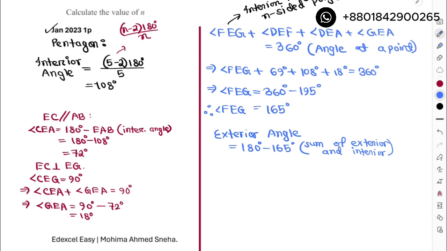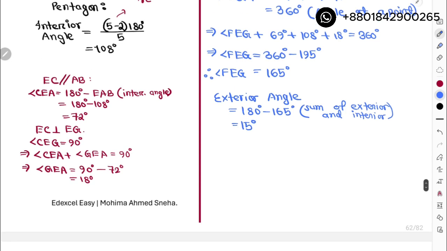Okay, so 180 minus 165, that is 15 degrees. Now the easiest formula that you can use to find out the value for n, the number of sides, is actually 360 divided by the exterior angle. That is 360 over 15, that is a 24-sided polygon.